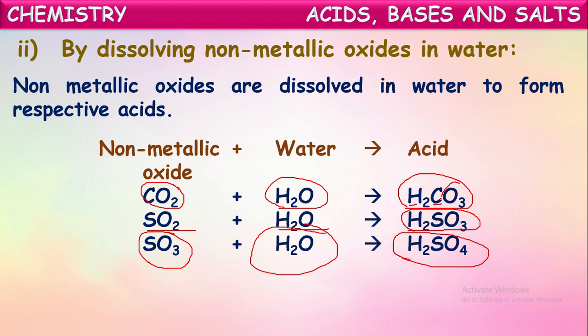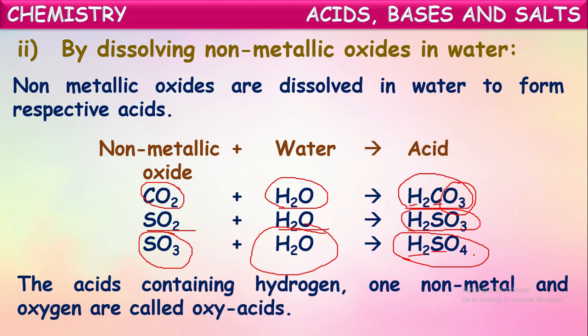Along with these two, there are oxygen atoms also in their molecular formulae. Did you observe that? This kind of acid, which contains hydrogen, one nonmetal and oxygen, is considered an oxyacid. Okay.